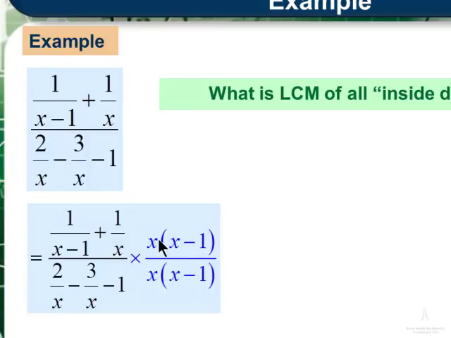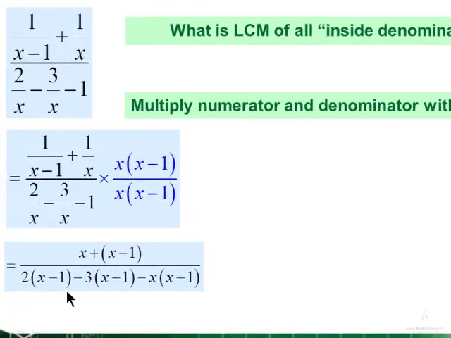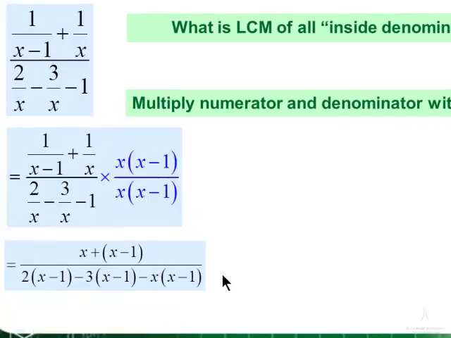Once we have this type of product, we multiply the numerators together and we see that we have simplification. x minus 1 will cancel with the x minus 1 in the first term, and for the second term the x will cancel with the x, and similarly for the denominator, if you multiply by x times x minus 1, we will have cancellation of the x's, and this then results in another algebraic fraction, which is now not a compound algebraic fraction anymore.